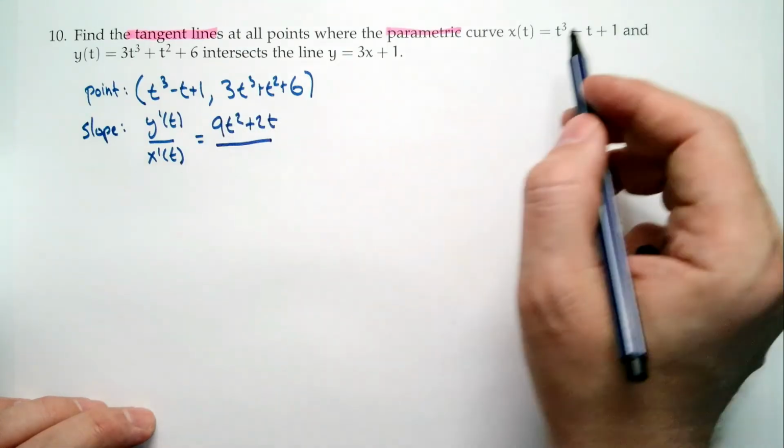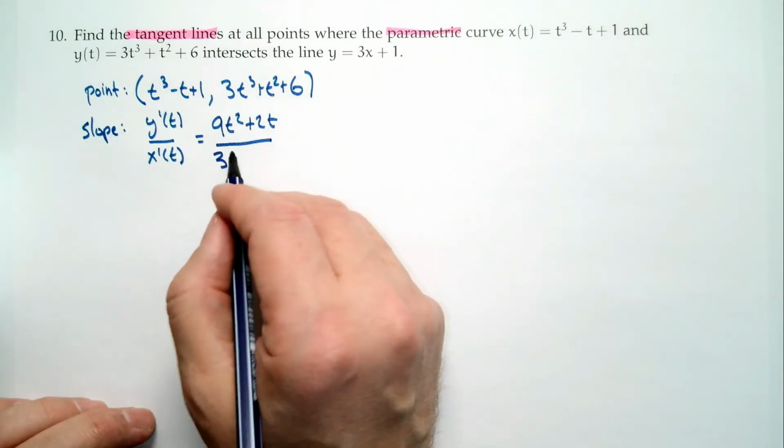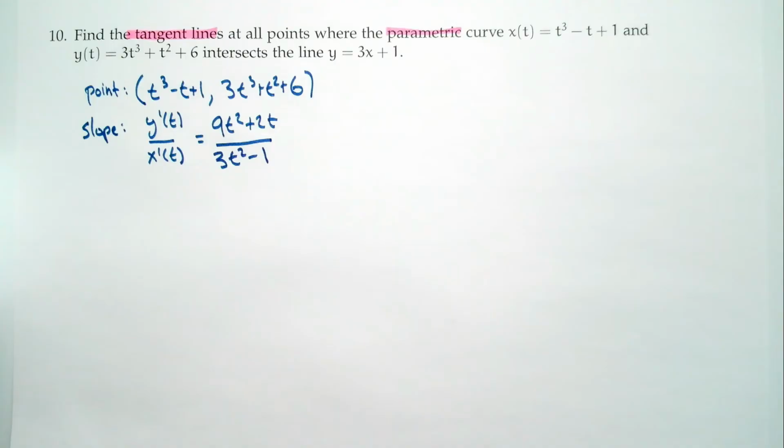Go to x. What's the derivative of x? 3t squared minus 1. Now, the good news is, you give me any value for t, I plug it in, I get a point. I plug it in, I get a slope. Slope and point gives me line. Life is good. So what do we need to finish up?